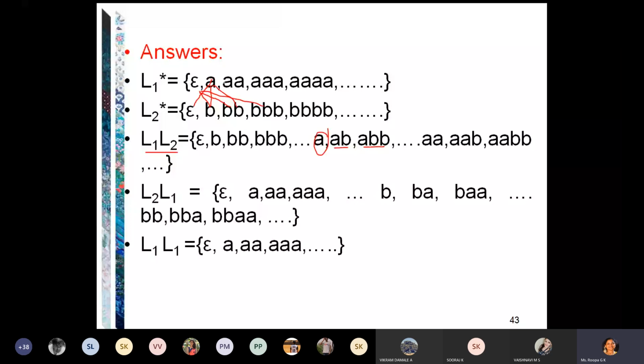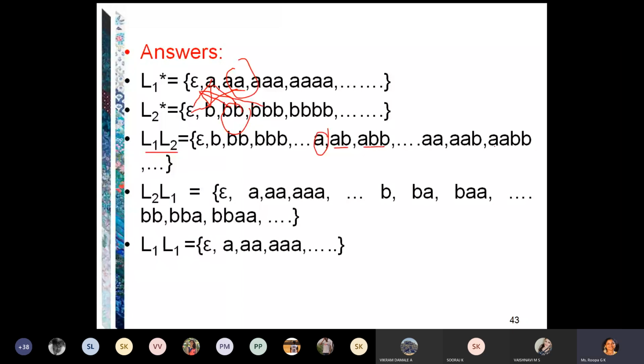Similarly, third component of L1, AA, is concatenated with epsilon. So I write AA. AA is concatenated with this B, so AAB. AA concatenated with BB, so it is AABB. Then put dot dot dot.